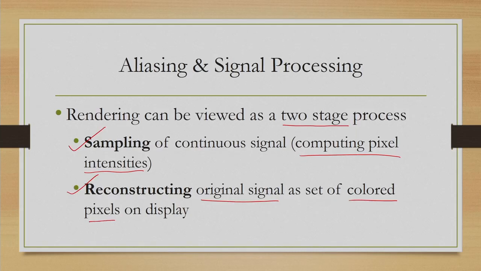So essentially we are given an image which is a continuous signal of intensity values. Then we want to render this image on the pixel grid, that is the purpose of scan conversion. How do we do that? We follow two stages broadly.